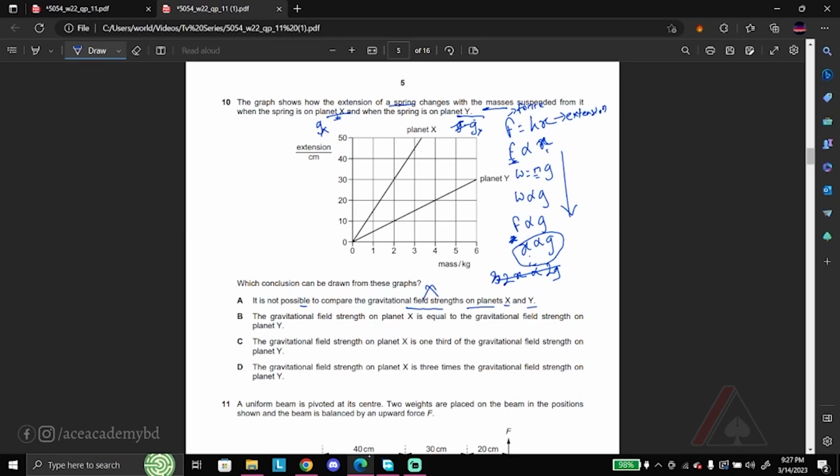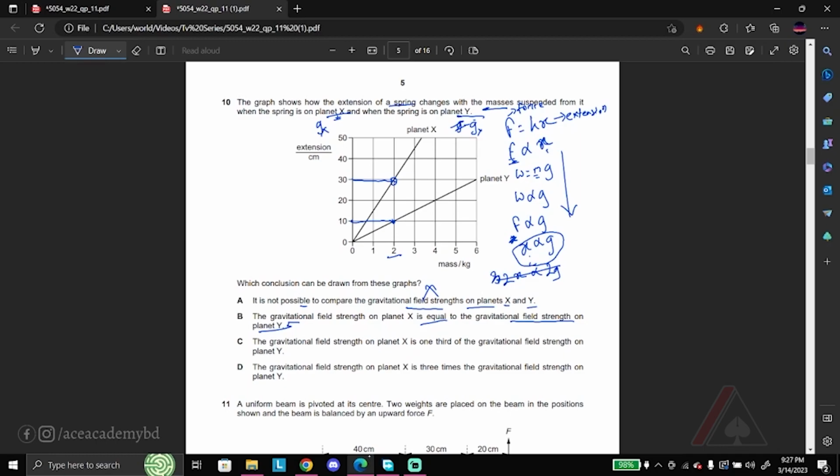So yeah, this is one option. The gravitational field strength on planet X is equal to the gravitational field strength on planet Y. So let's actually go try this out. Let's find out a fixed mass first. Let's take 2 kg. At 2 kg, the extension of the mass at Y is 10, and for X is 30.